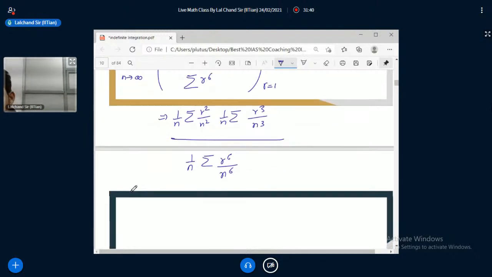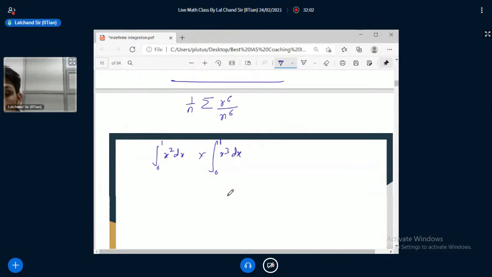If we convert each sigma into an integral, then this can be written as the integral from 0 to 1 of x square dx, this as the integral of x cube from 0 to 1 dx, and the denominator as the integral from 0 to 1 of x to the power 6 dx.